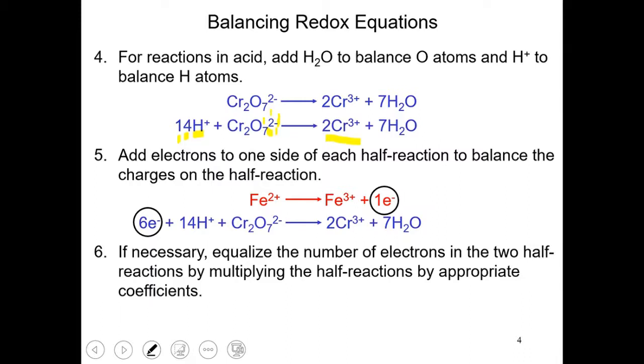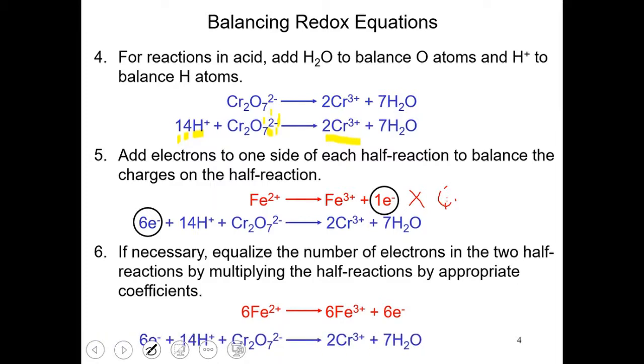So what we are going to do is take that top one and multiply not just the electrons but the whole thing times 6 so we can get the proper arrangement here. So we've multiplied the oxidation half reaction by 6. We leave the reduction half reaction as it is, and therefore we have a set of half reactions that we are ready to add now.